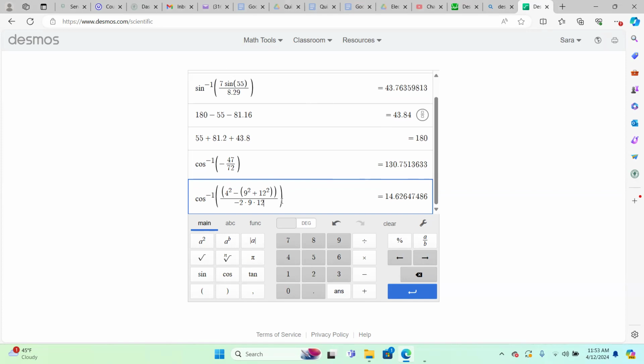Okay. And so angle A comes out to be 14.6 degrees.